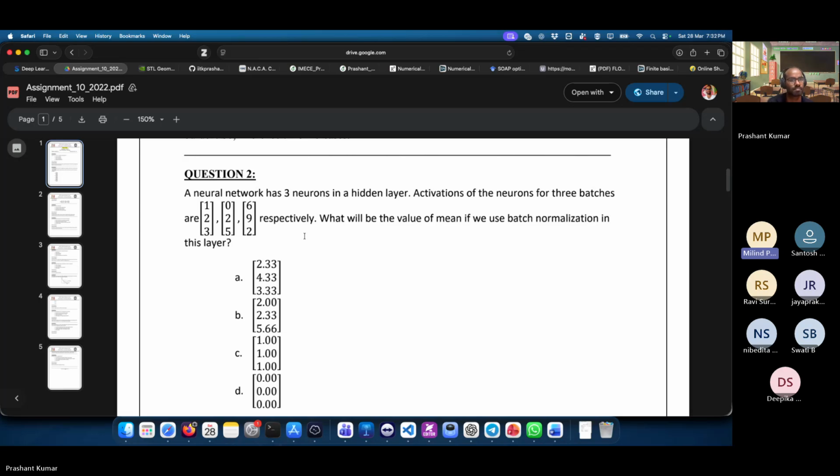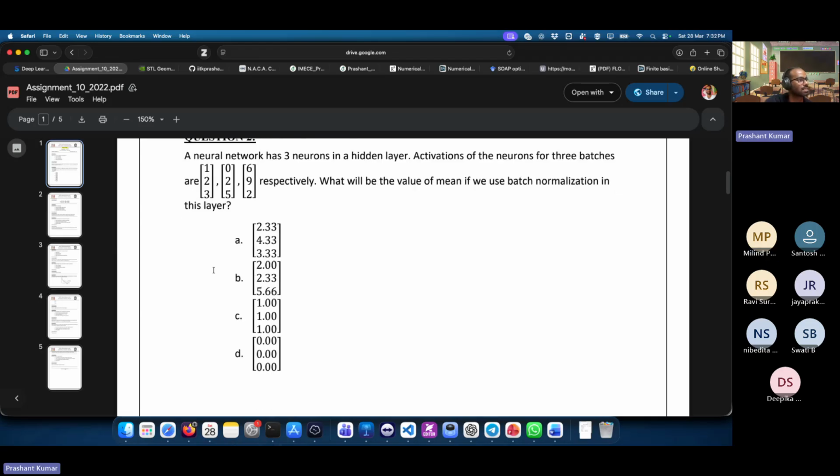I think so, A. Yeah, option A should be the correct one, right? Sigma of each value divided by 3. If it had been layer normalization, you would have averaged over this, right? 3 plus 2 plus 1 divided by 3. Yes, correct.